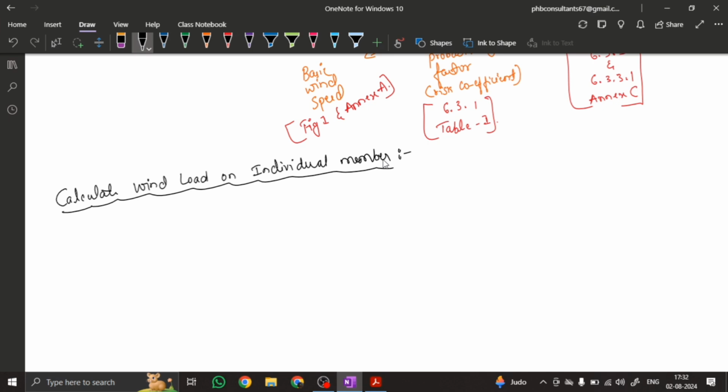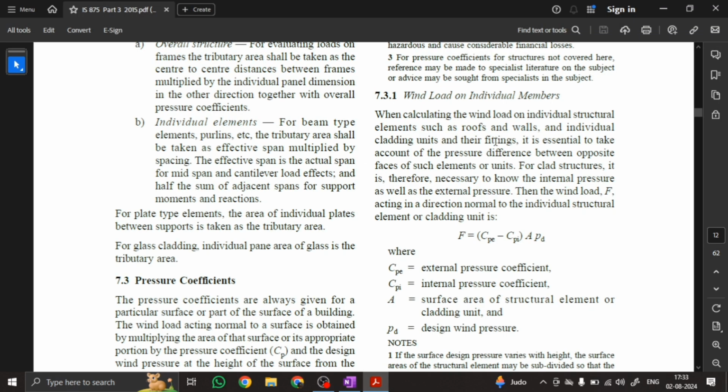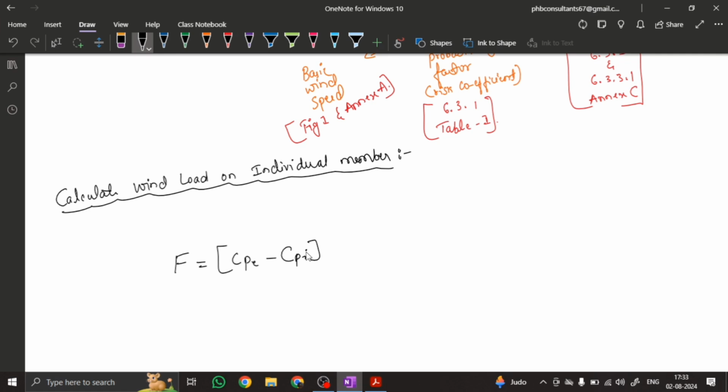See here, wind load on individual members, force, our formula is F equal to (Cpe minus Cpi) into A into Pd, right, into A into Pd.